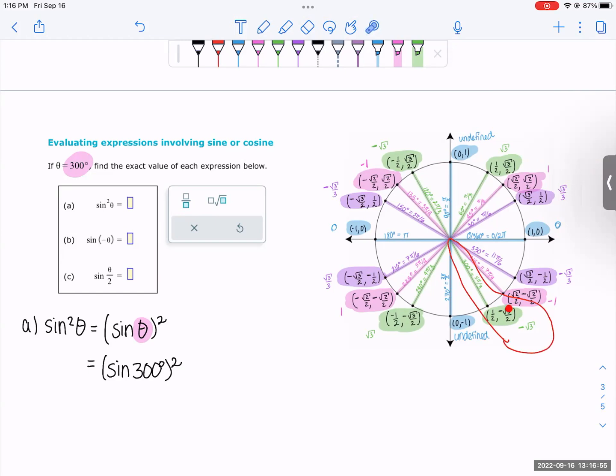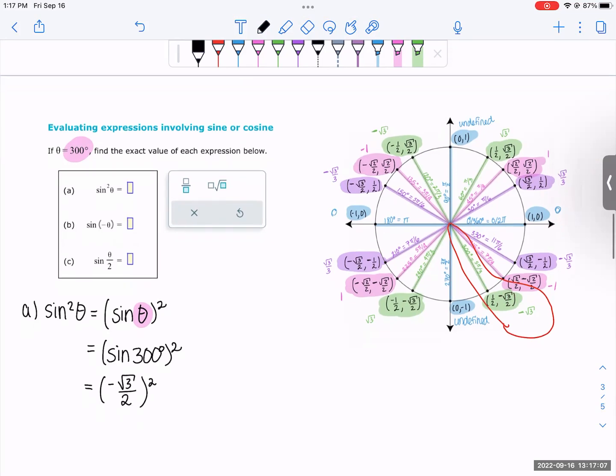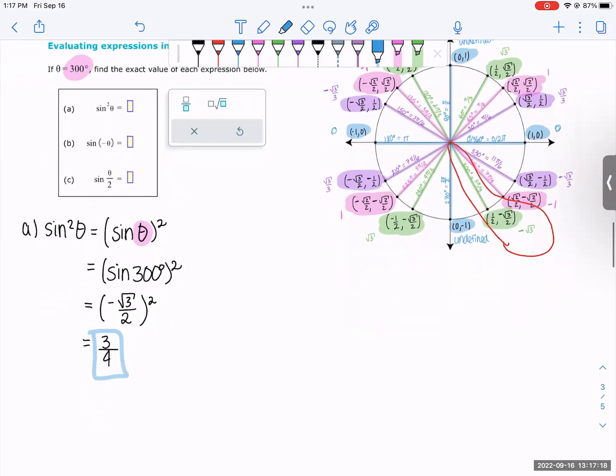Sine is the y value, so negative square root 3 over 2. Sine of 300 degrees is negative square root of 3 over 2 squared. Negative square root 3 squared is 3. And then 2 squared is 4. So 3/4 would be the value of sine squared theta.